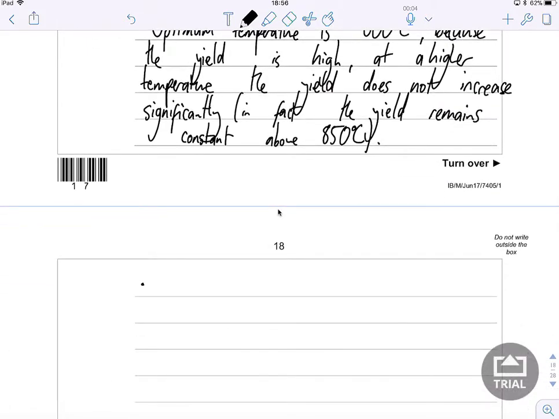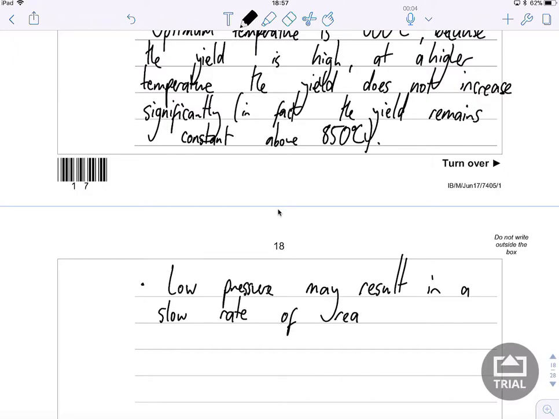So what I'm going to say is low pressure may result in a slow rate of reaction.